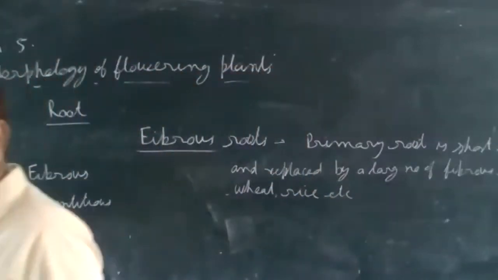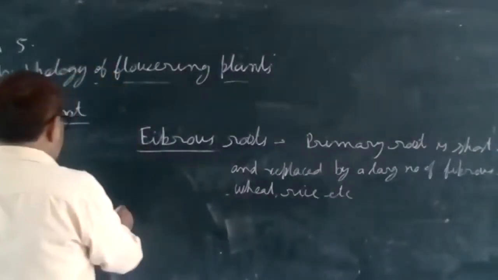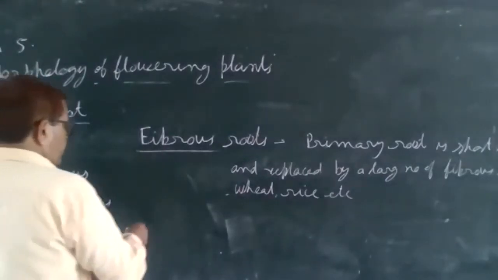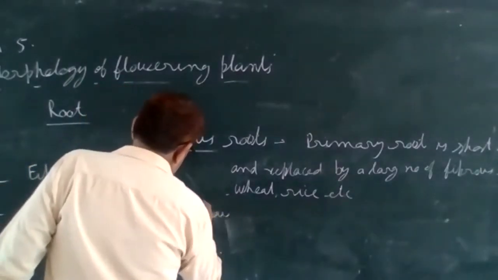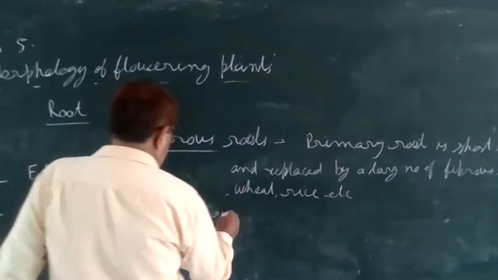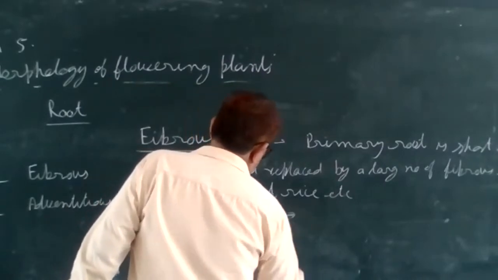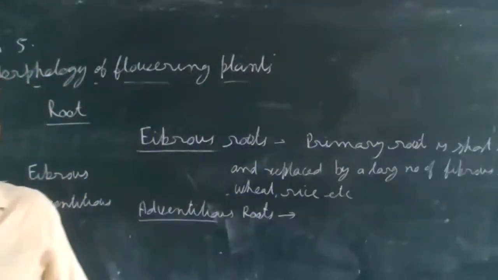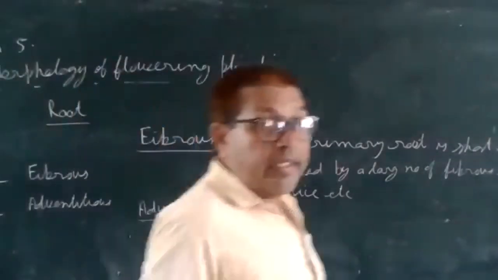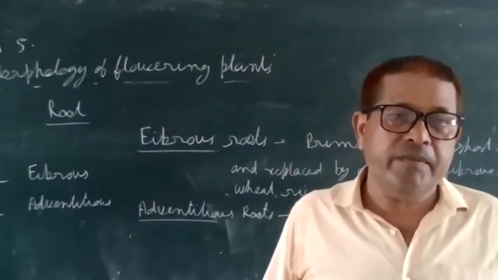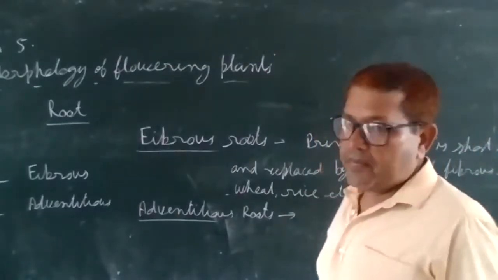So the next one is adventitious roots. The roots that arise from any other part than the radicle are called adventitious roots.